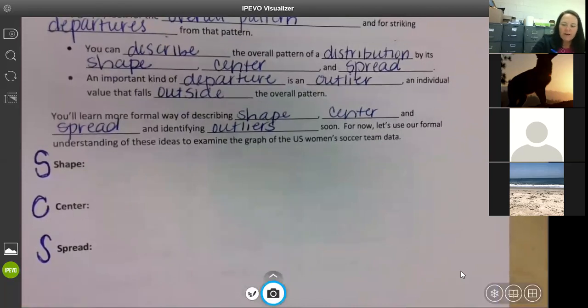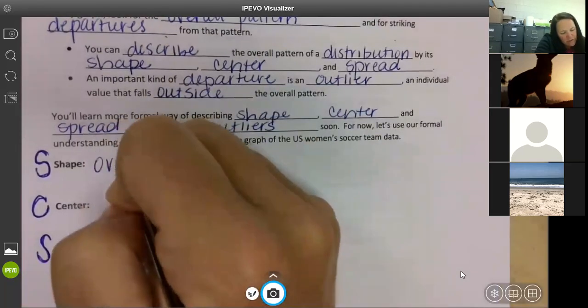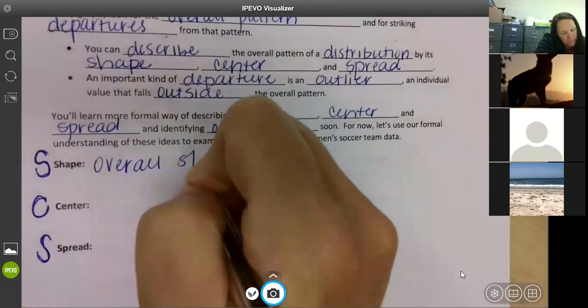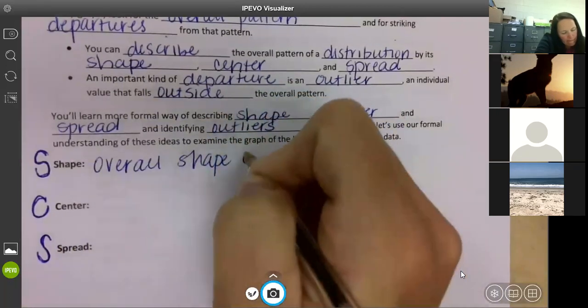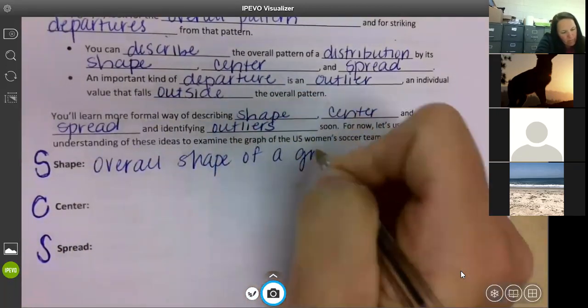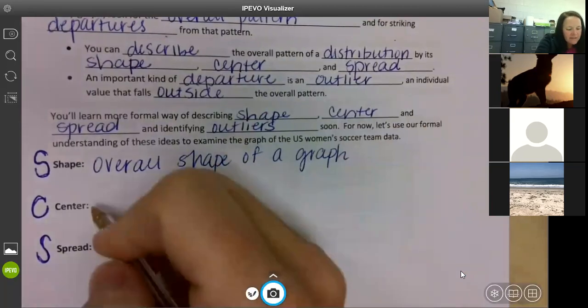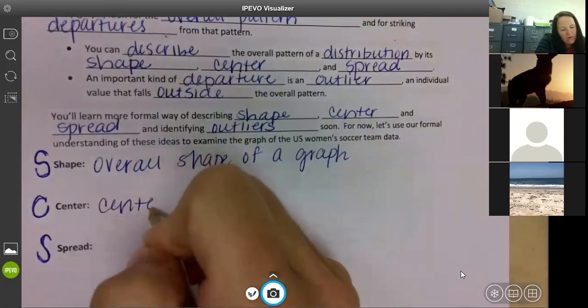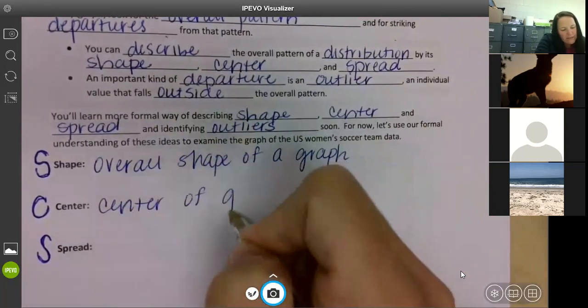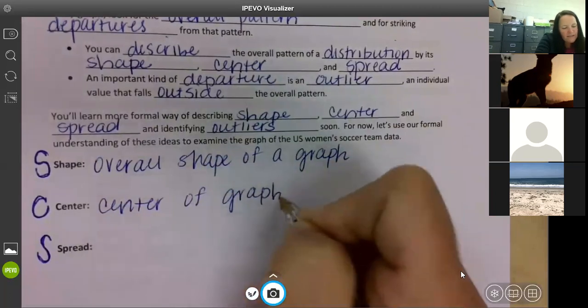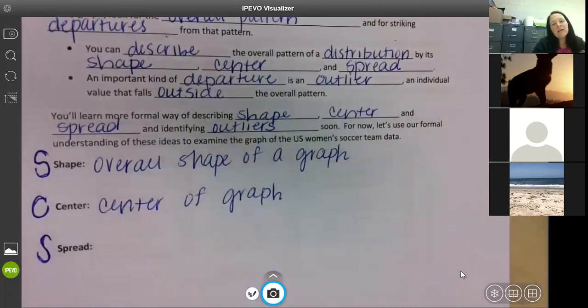Shape, center, and spread. This is the overall shape of a graph. And basically what we're going to determine is if it has any skew. So is it right skewed, is it left skewed, or is it approximately normal? Center is the center of the graph. And you don't have to write any of that down. We're going to get to it. So I'm just trying to give you a heads up of what it's going to be. The center of the graph is either going to be the mean or the median.